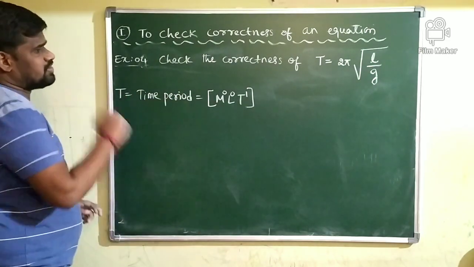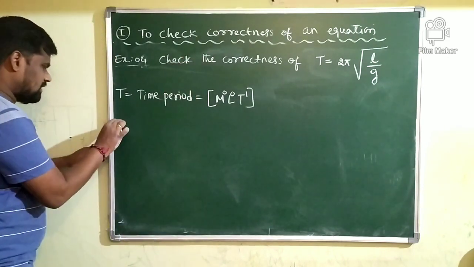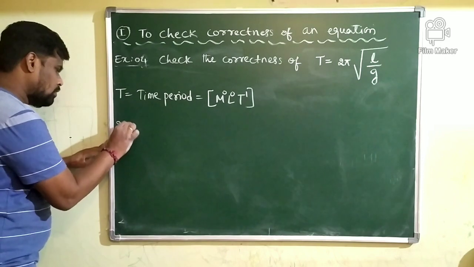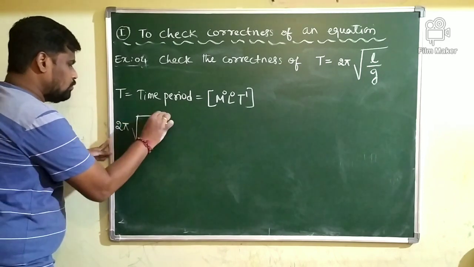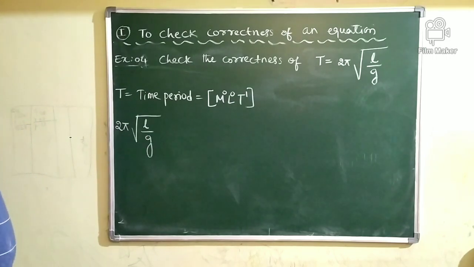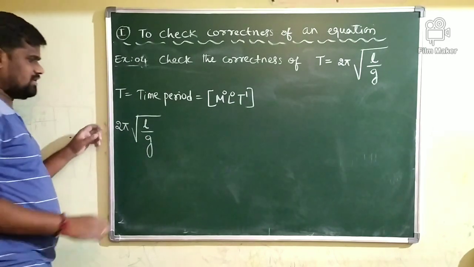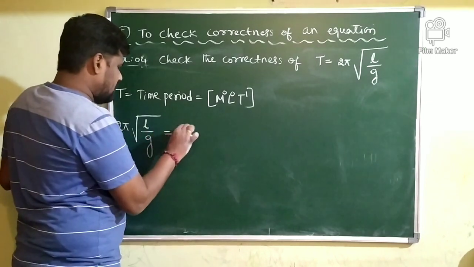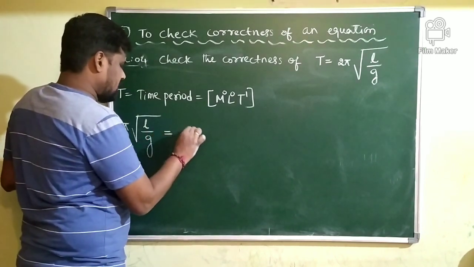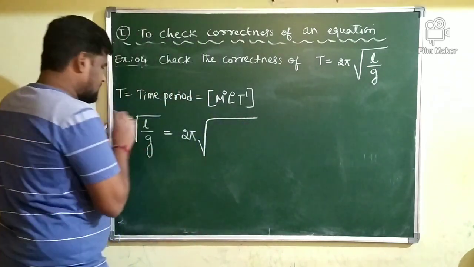Okay. Next term, RHS. What is the RHS? The term in the RHS is 2π under root of L by g. 2π as it is, square root of, what is L here?